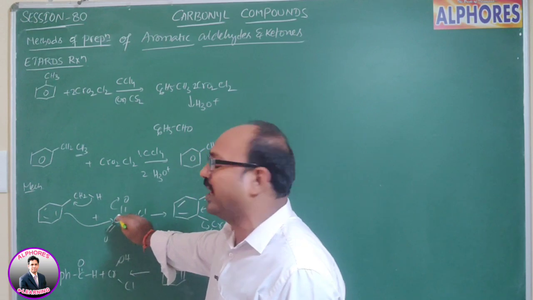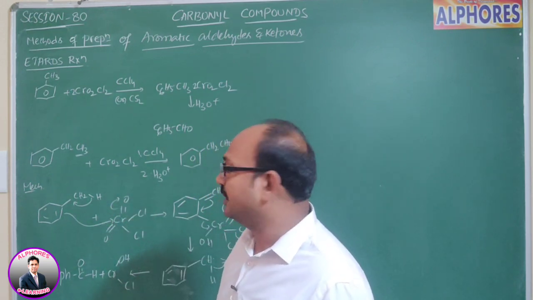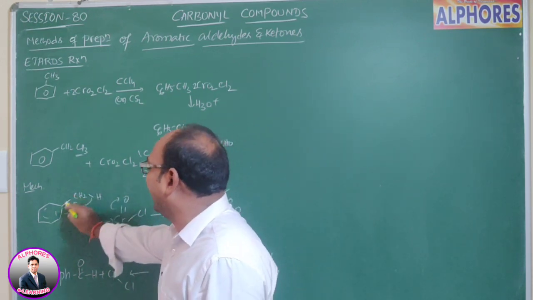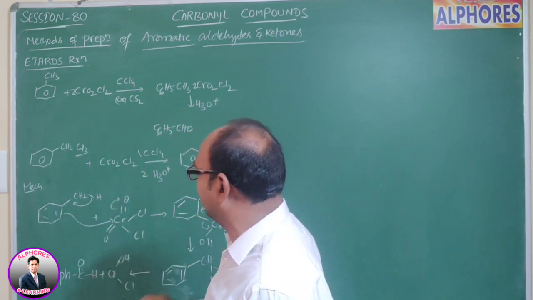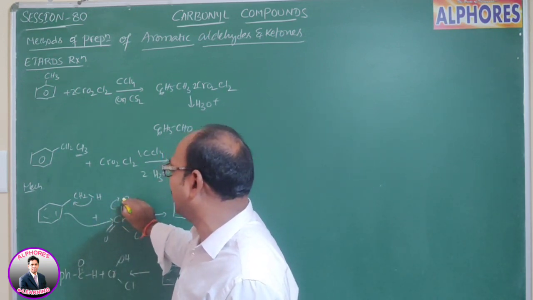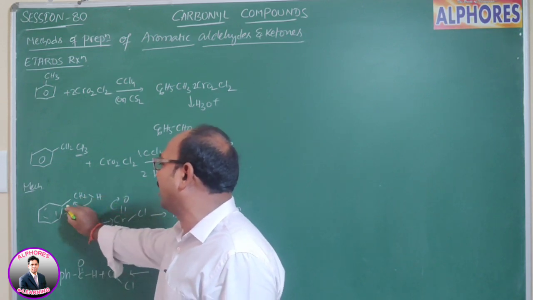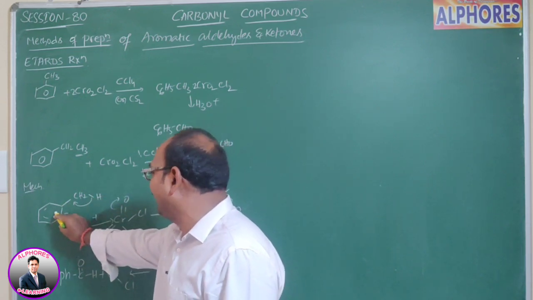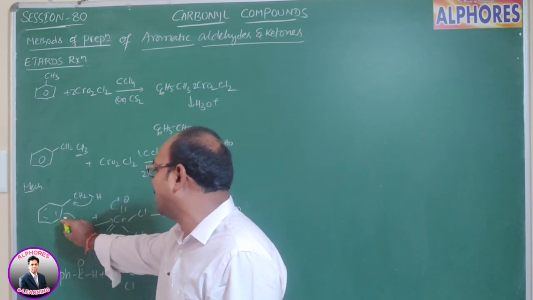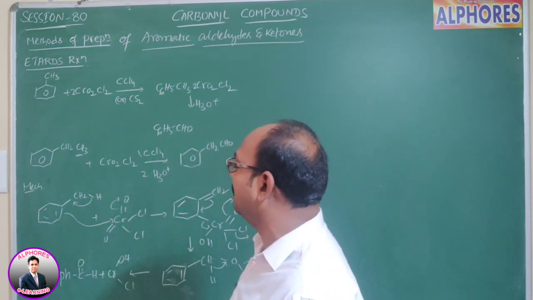The negative charge attacks the positively charged chromium. So here you observe a cyclic transition state mechanism. Once again pi electrons are shifted towards oxygen, this oxygen takes a hydrogen, the C-H sigma bond electrons are shifted towards the ring, and within the ring pi electrons are shifted towards this carbon. This negatively charged carbon attaches to chromium.